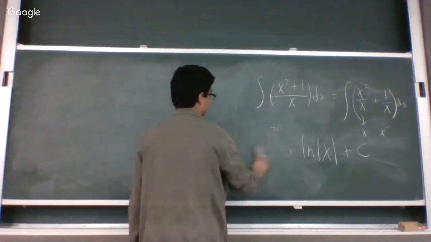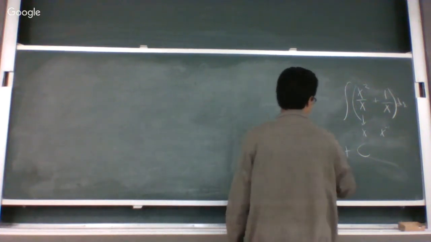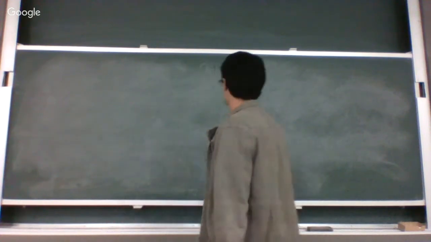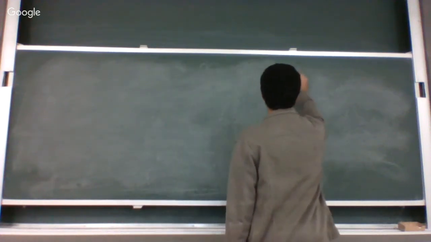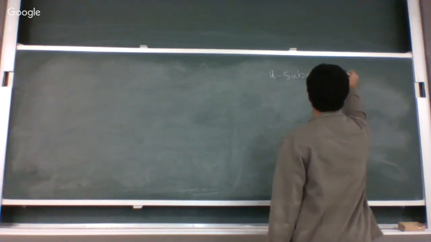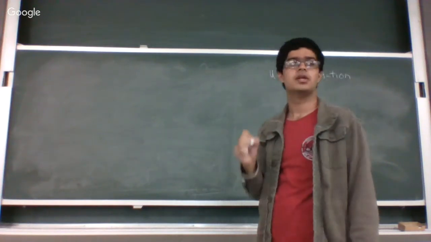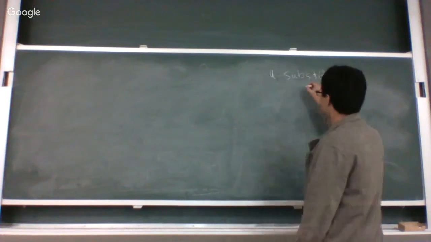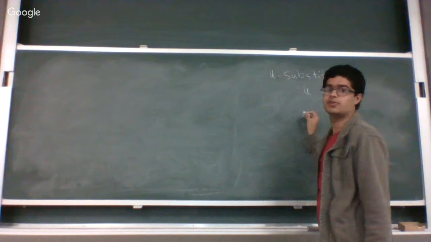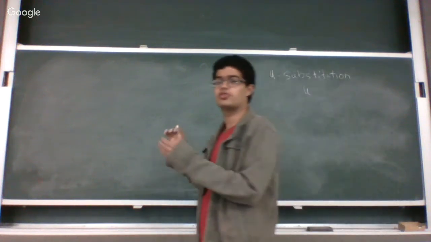That topic is called U substitution. U substitution is a method of doing integrals. It's finding a variable u and setting it equal to something with x in order to simplify the problem.